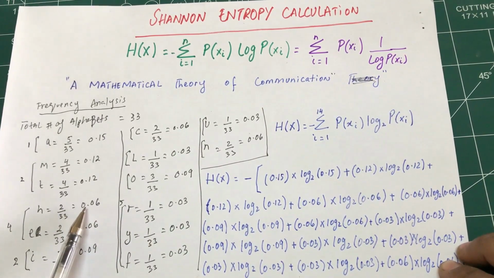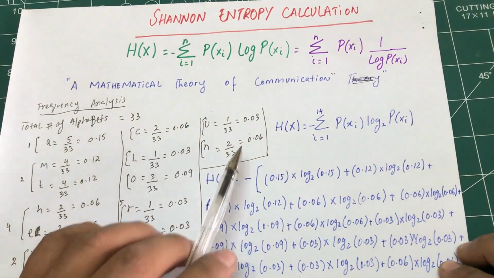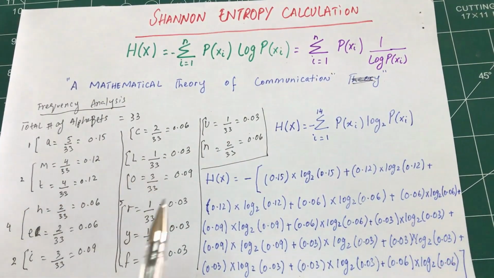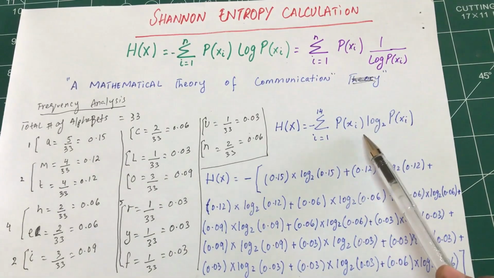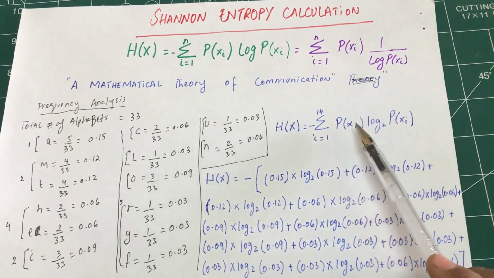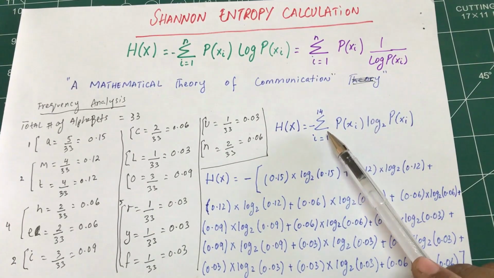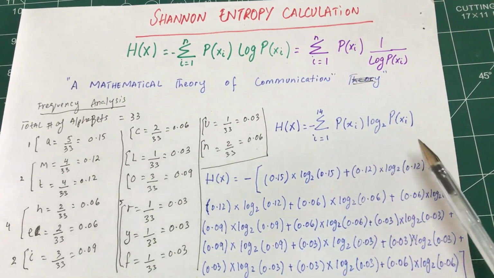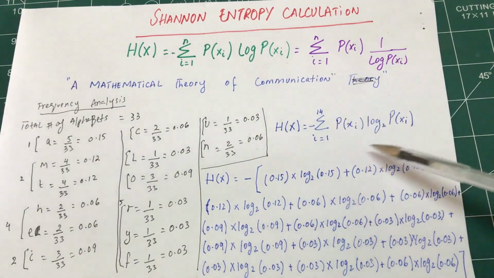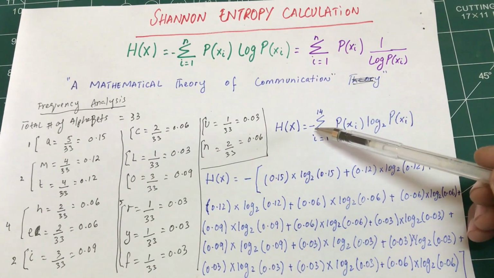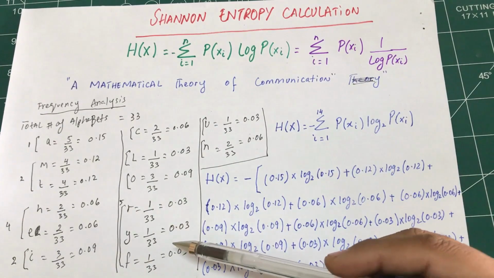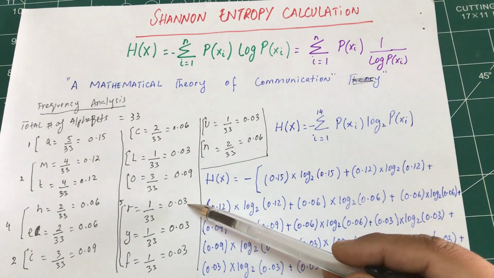The probability has occurred 1, 2, 3, 4 times. So I just plugged in one time into this formula, ignoring my negative sign, and whatever answer I got, I multiplied by 4 and brought that negative in, and then I'm going to use this negative later. Same thing here: how many times has 0.03 occurred?